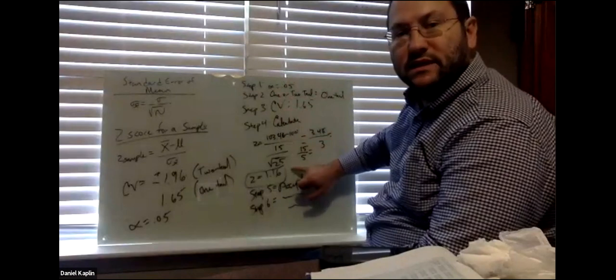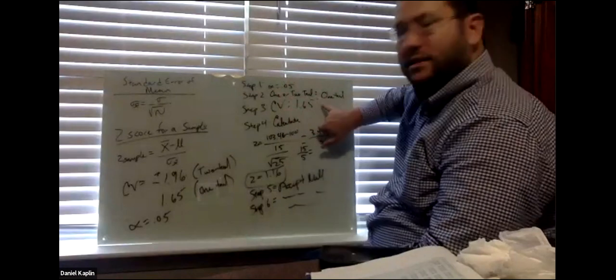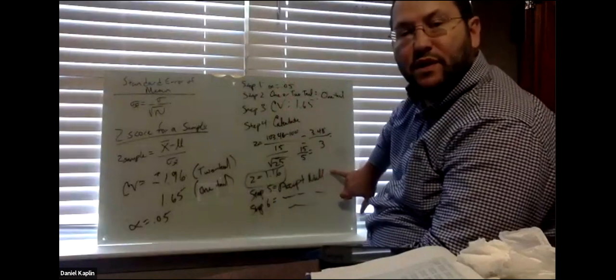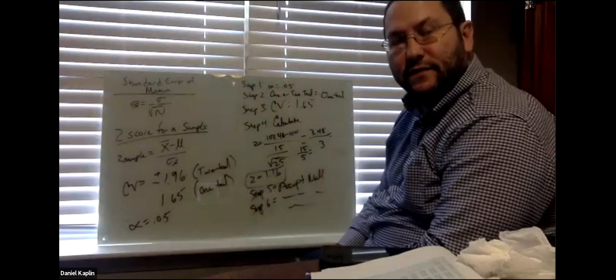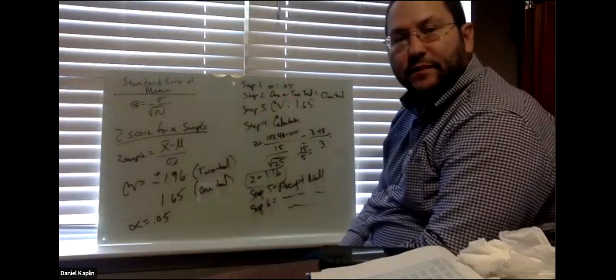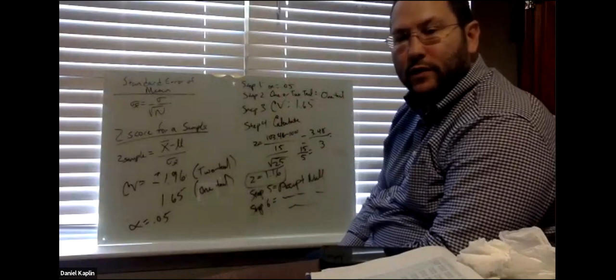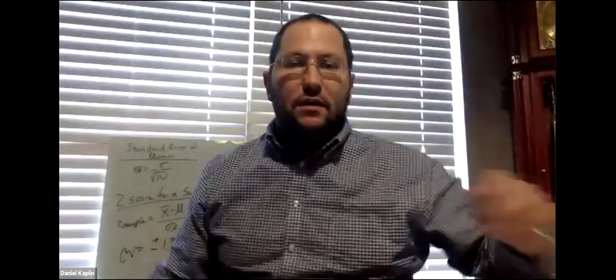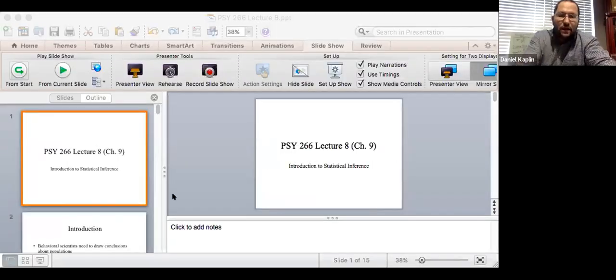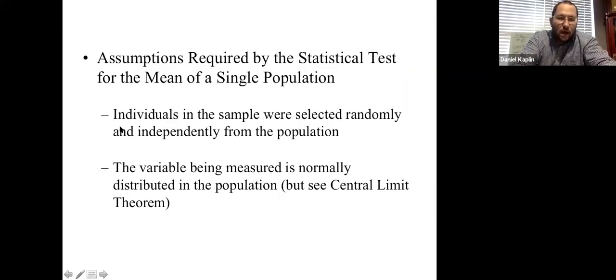So 1.16 is not equal to or greater than a critical value. So we accept the null. And then we say there are no statistically significant differences between our sample, which had an IQ of 103.48, and the population IQ. Good? That is how you do it in a nutshell. And we're, believe it or not, almost to the finish line. So let's go finish out our slides and we can go from there.